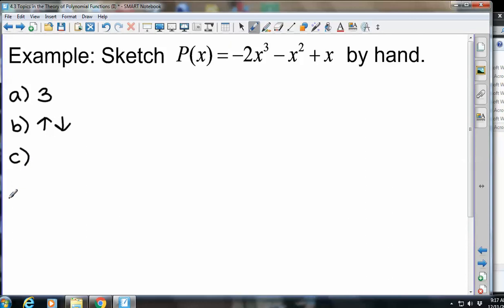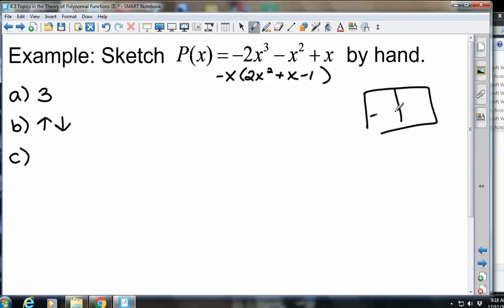Okay, C. Since it's not in factored form, we're going to have to do a little more to find our zeros. Looking at this, what could you do? Okay, I pulled out negative x. Then what could you do? Box method, just like we've been doing on all of our other problems.